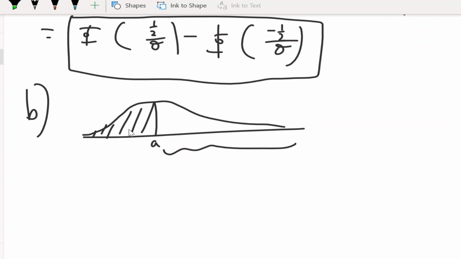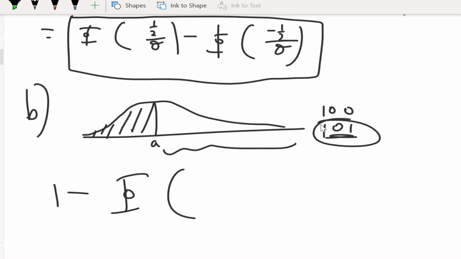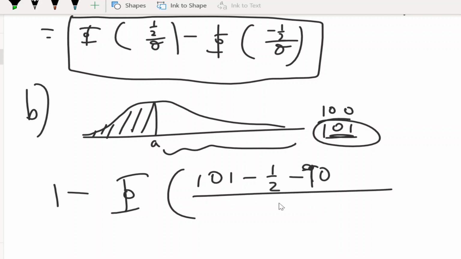So to get that, we can take the complement of this CDF. So we'll do 1 minus phi, and then we're saying more than half. If half of 200 is 100, more than half is 101, so we just want to include the 101. So we'll do 101, and then we'll have our correction factor of a half, minus our mu, which is 90, all over sigma, which I'm not going to write out once more.